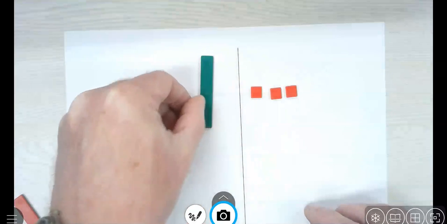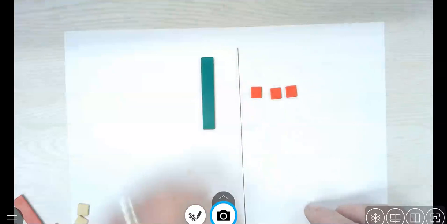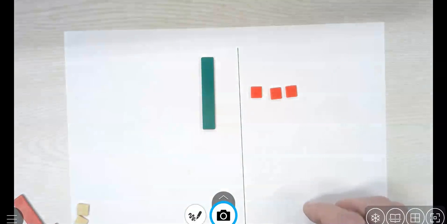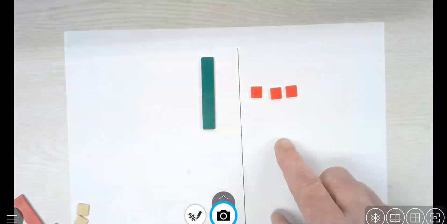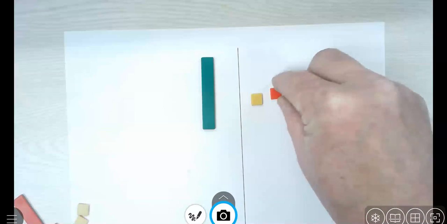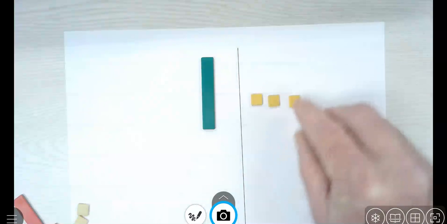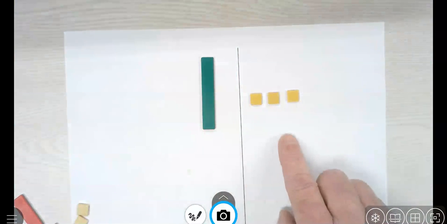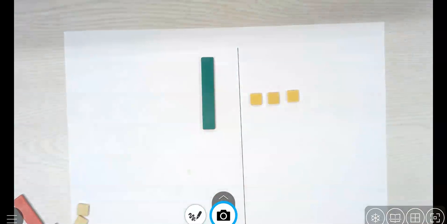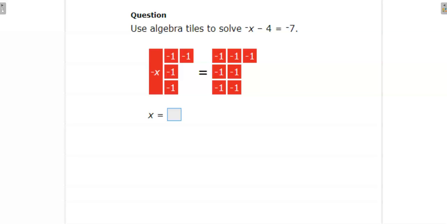So I'm going to flip over the x here on the left and turn that to a positive, but if I flip the ones on the left, then I also have to flip the ones on the right. Properties of equality: what you do to one side, you do to the other. And I can now see that 1x equals positive 3. So let's go ahead and put that answer on our IXL activity. And that was 1x equals positive 3.